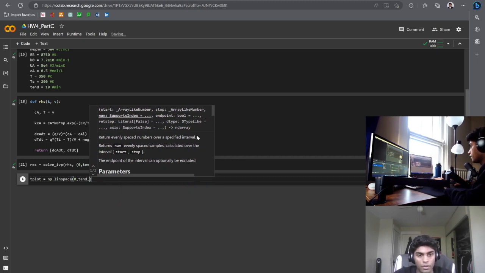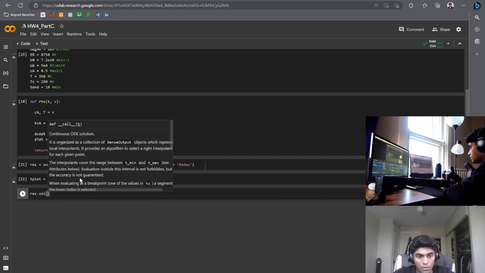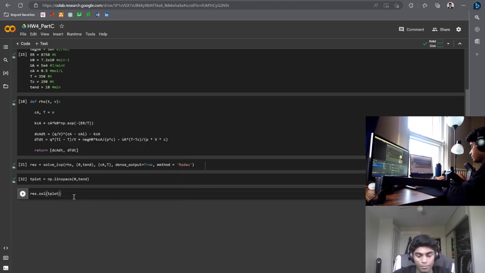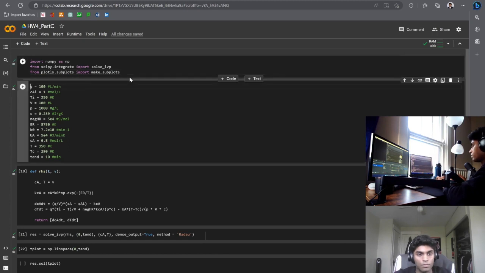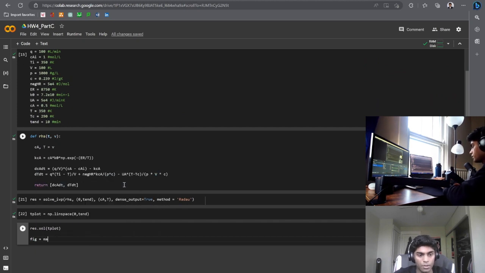And let's go ahead. So now we'll go res.sol over t-plot. And let's go create some subplots. So let's go ahead and import that library too. So we're gonna go fig equals make subplots.